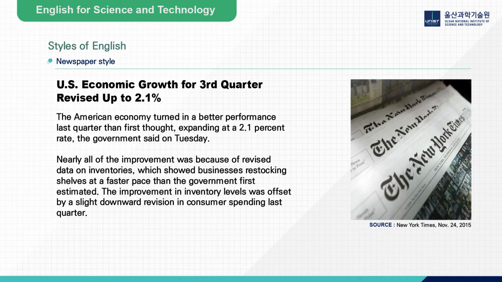In this news article, the article is about the economy in America. So there are words denoting or meaning economy and economy-related words. So notice the words unlike fiction. Sentences may start with inanimate nouns, such as American economy.